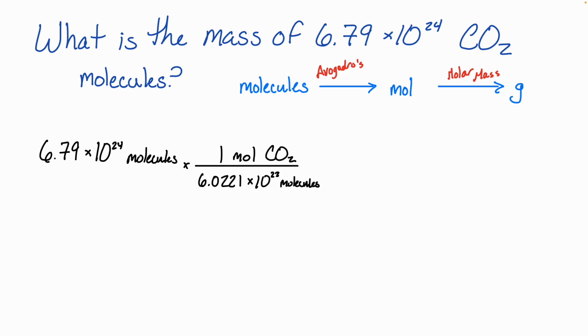We need to keep the 6.0221 and the times 10 to the 23 in the denominator of this fraction. So when you punch it into your calculator, you need to put that in parentheses, all right? Anytime you're dividing by a number in scientific notation, you've got to be careful, and the safest thing to do is to throw it in parentheses, right? That'll make sure that it all stays together underneath your divisor sign.